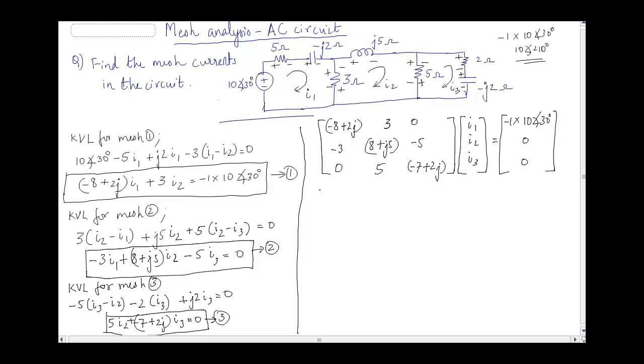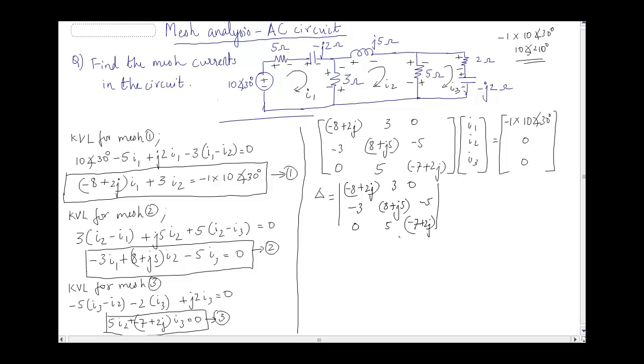Now delta, we have to remember delta matrix is the matrix that we are talking about, this one. So I will write the determinant of minus 8 plus 2j, 3, 0, minus 3, 8 plus j5, minus 5, and then 0, 5, minus 7 plus 2j.